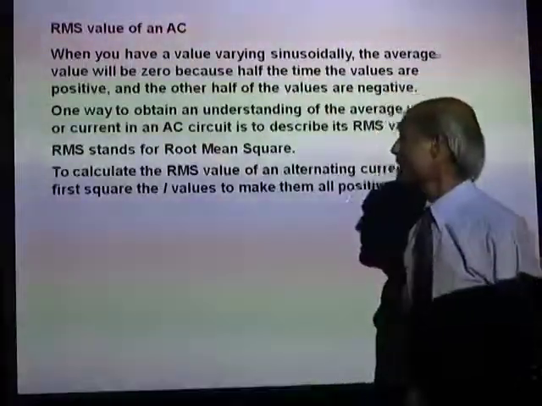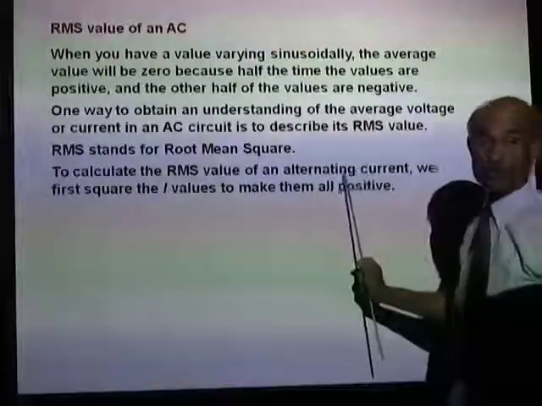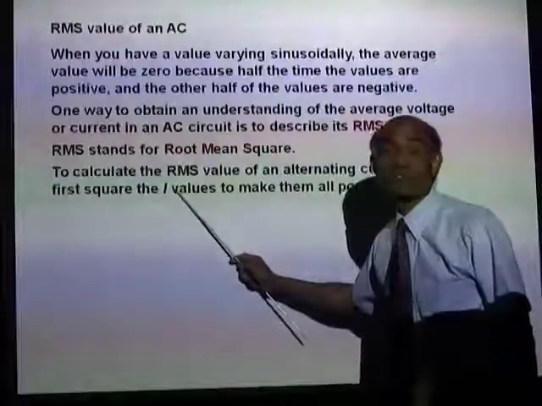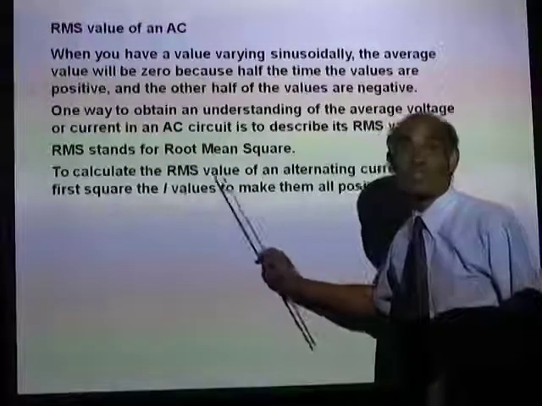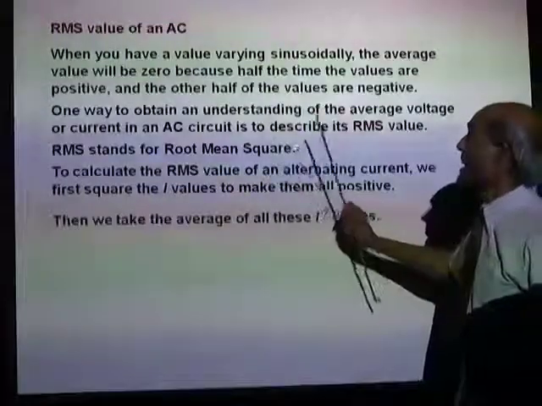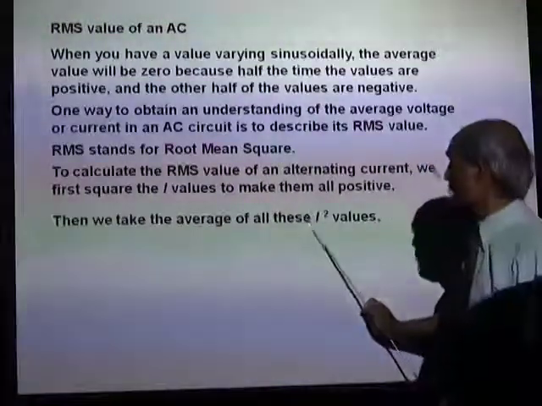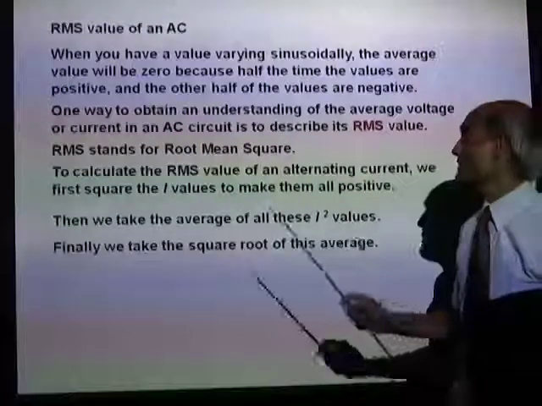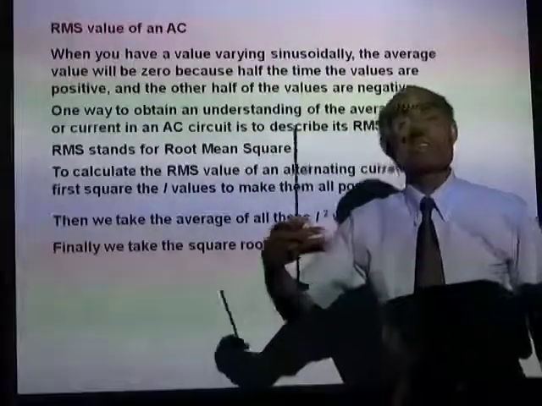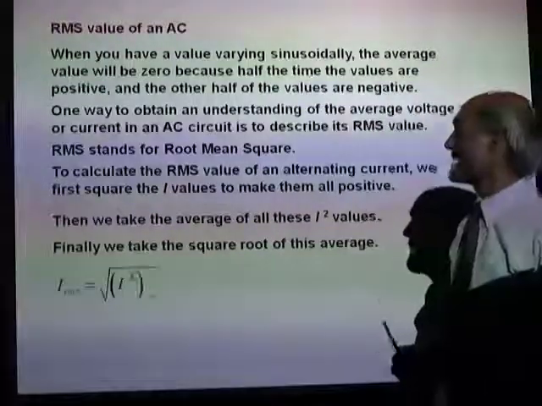To calculate the RMS value of an alternating current, we first square all the I values to make sure that they are all positive. Then we take the average of all that, and once you find the average of all the I squared values, then we take the square root. That is what we call the root mean square value.